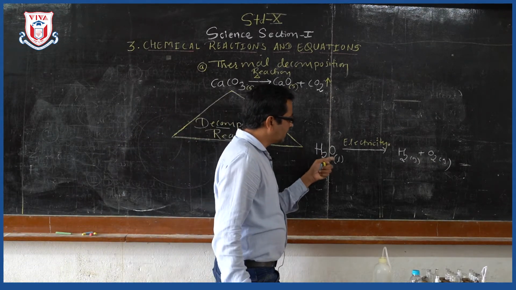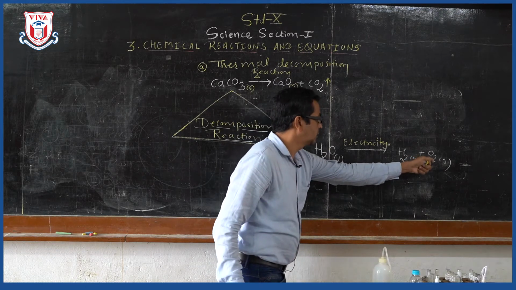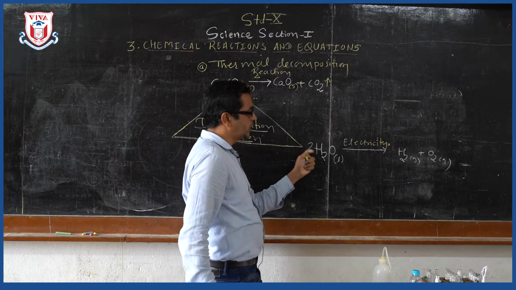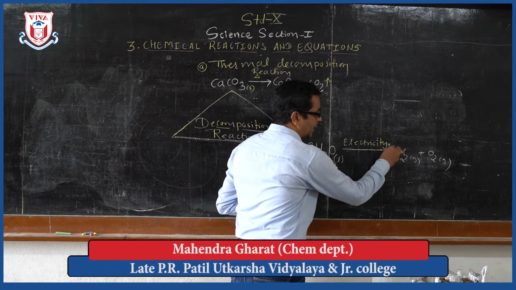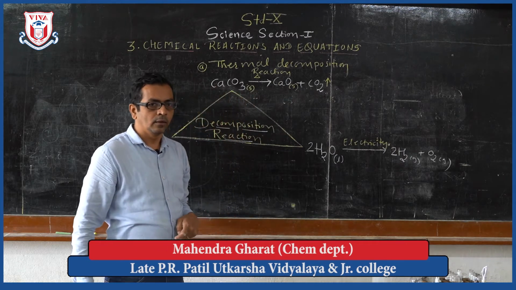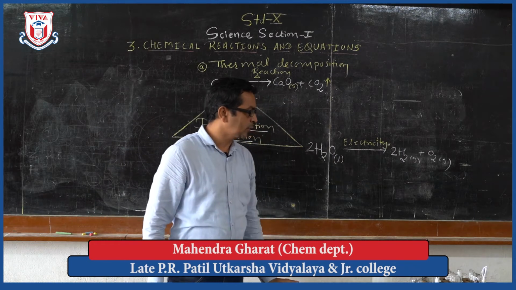So in the product we have 2 oxygen, so multiply this by 2. Hydrogen here we have 4, so multiply this hydrogen by 2, so it will be 4. Now it is a balanced equation.